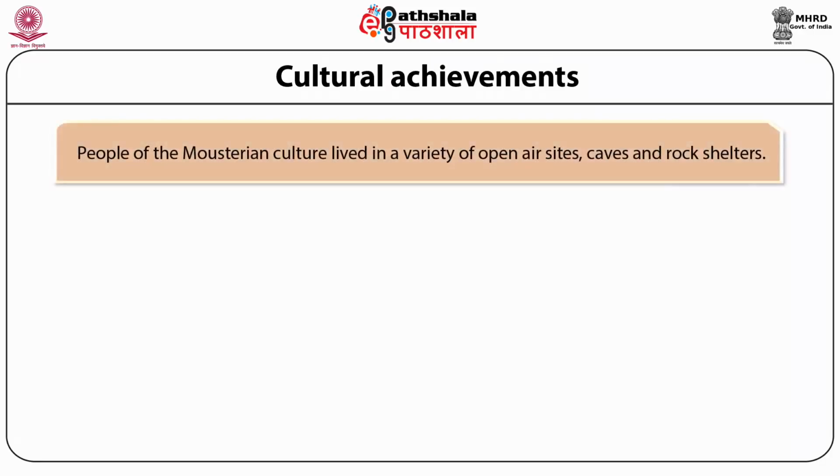People of the Mousterian culture lived in a variety of open-air sites, caves and rock shelters. Living in the open on the cold tundras suggests the building of structures. Archaeologists found traces of an oval ring of mammoth bones enclosing an area which may have been used to weigh down the skin wall of a temporary hut or tent.